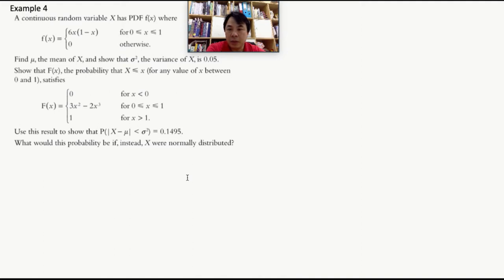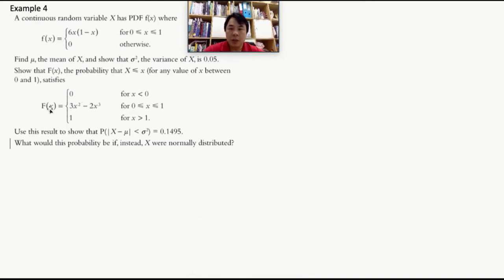And then finally, we need to analyze what this probability would be if x were normally distributed. That's another part that we're going to look at shortly.